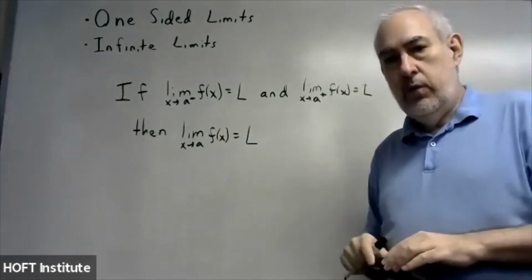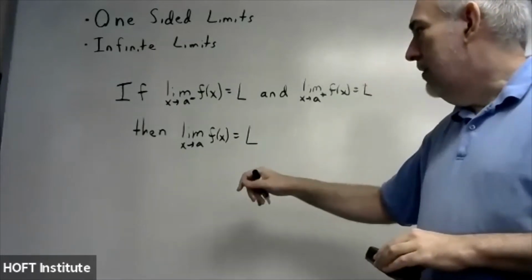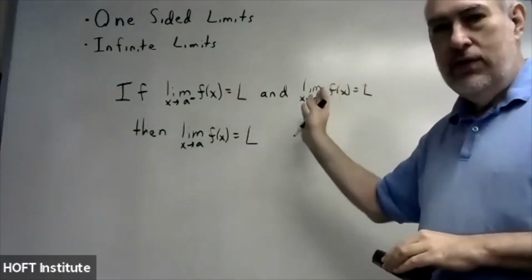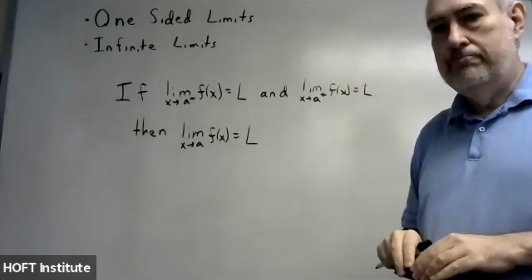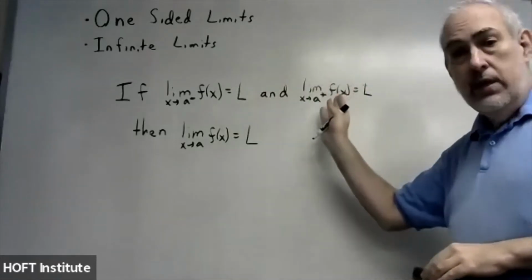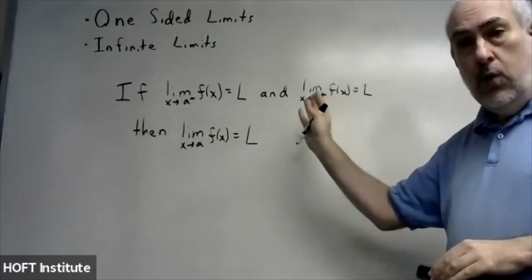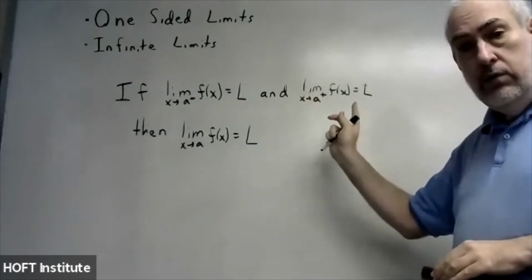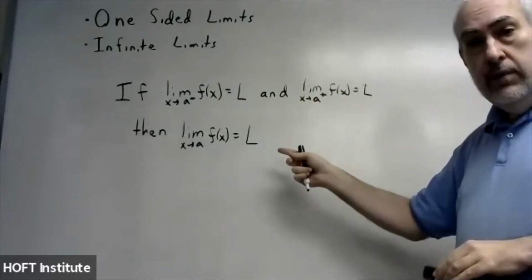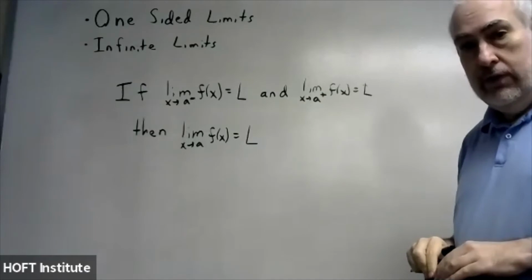So this is what we mean by the two-sided limit. It only exists if both of these exist and they're equal. If one of them doesn't exist, or they equal different values, then the limit for both sides doesn't exist.